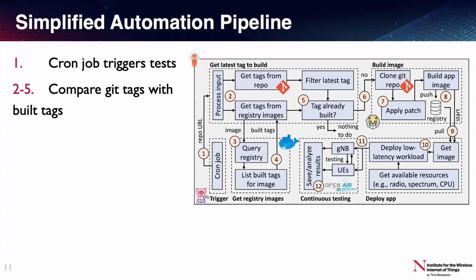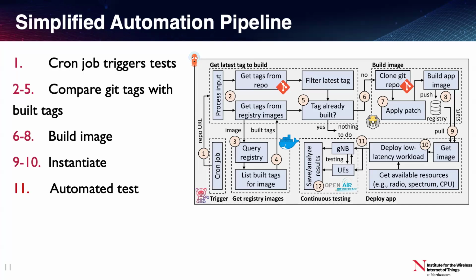I have some other steps that, in case I'm behind, will build the new software version, and if I need to apply some patch, they will patch the software version. And then I have some instantiation components. So I will take my Docker image and instantiate it on the infrastructure from my previous slide in the form of a container. In my example, this is to instantiate my base station.